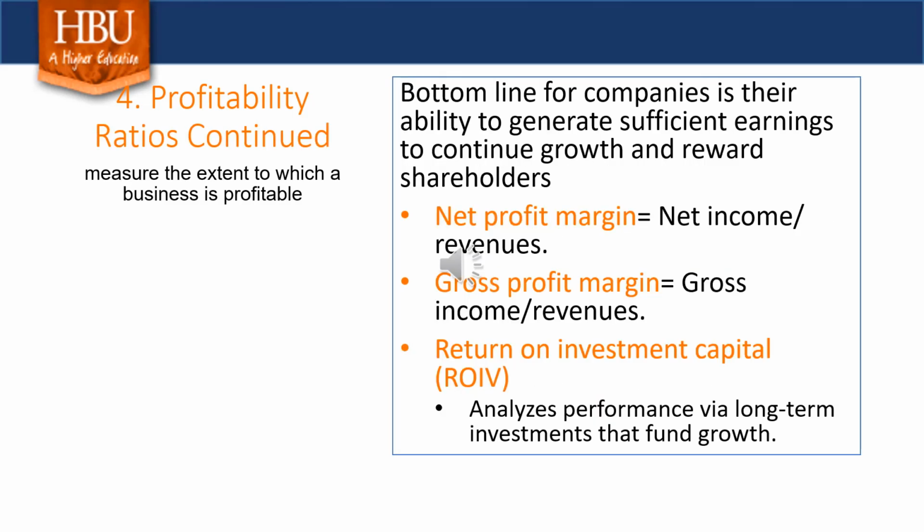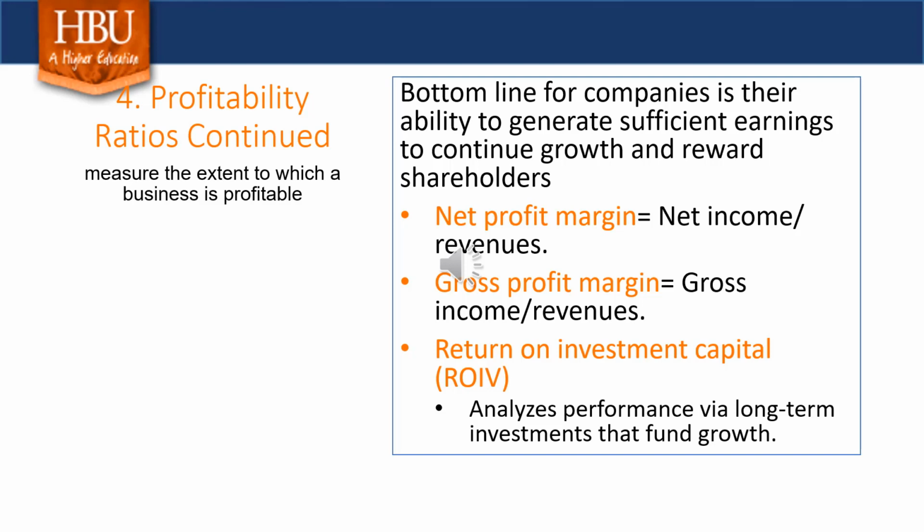This slide also continues to look at profitability ratios. The interesting thing here is that this slide considers the bottom line. And the bottom line for companies is their ability to generate sufficient earnings to continue growth and reward stakeholders. There are three ways to look at that bottom line. The first is our net profit margin, that is our net income divided by our revenues, and then also our gross profit margin, which is our gross income divided by our revenues.